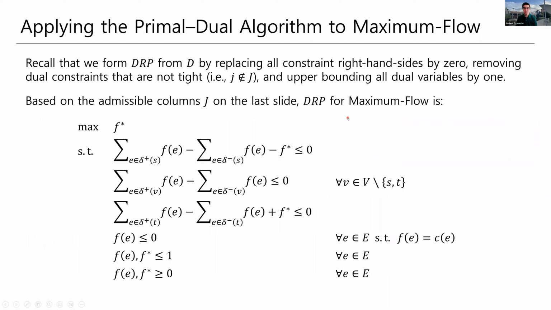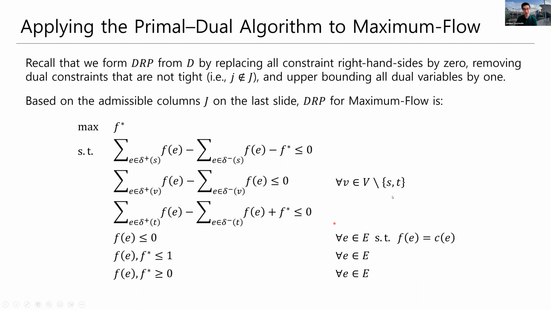When we make all these changes, we get the following LP. Let me quickly walk you through what happened. The right-hand sides of everything are now 0, and we want all of them to be inequality constraints now. That's how the DRP works. We have upper bounded all the variables by 1, and we have only kept the constraints that are tight.